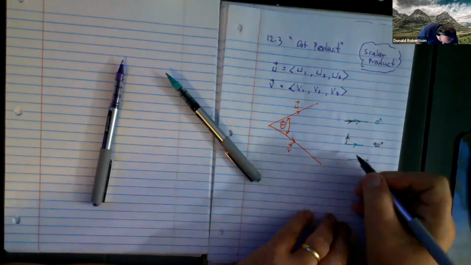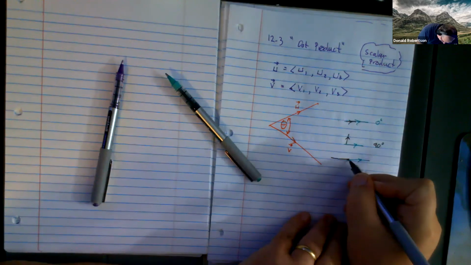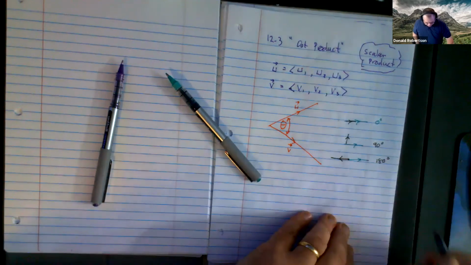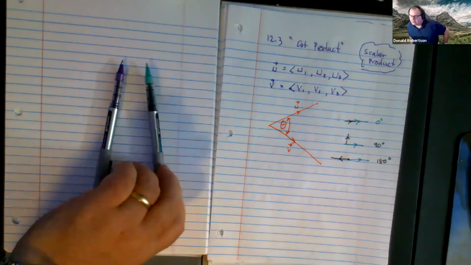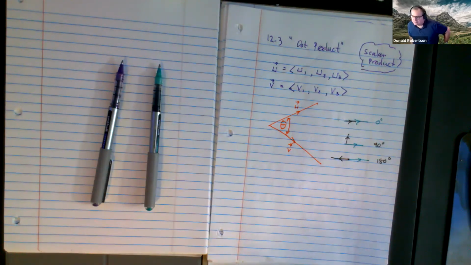So if you ever think that the angle between two vectors is 200 degrees or minus 50 degrees, you're wrong. The answer has to be between 0 and 180, because what we're measuring is a physical thing, a real thing in the real 3D world. So keep your answers in the range 0 to 180.